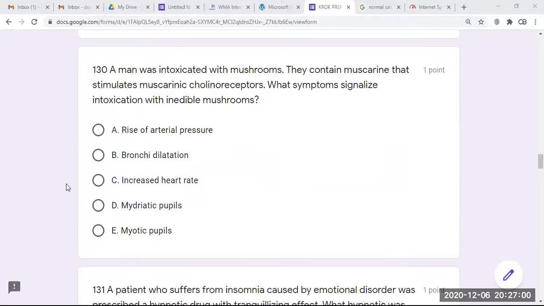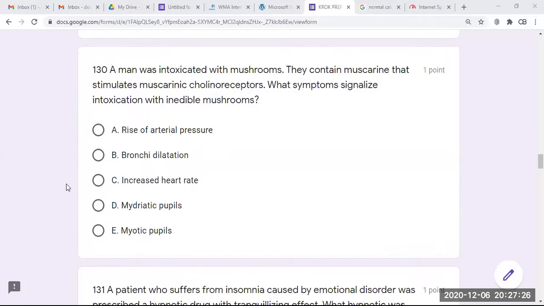All right, so Afram, please read question number 130 for us. Okay. A man was intoxicated with mushrooms. They contain muscarine that stimulates muscarinic cholinergic receptors. What symptoms signalize intoxication with inedible mushrooms?